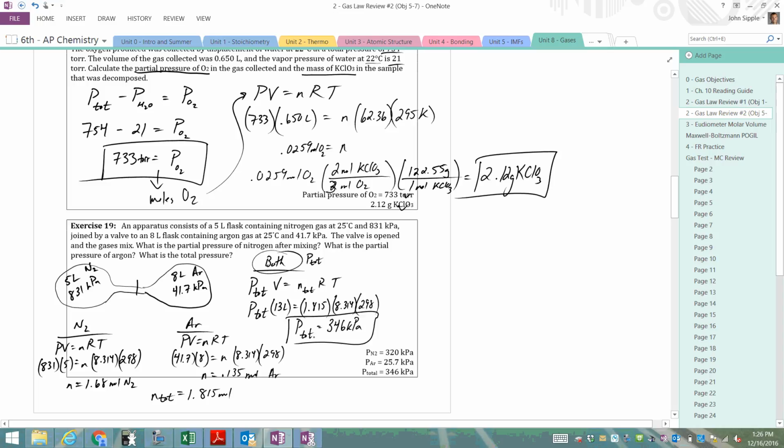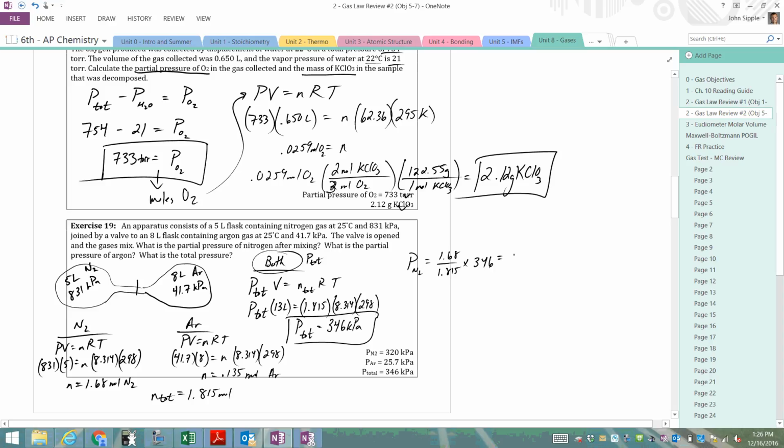So we got our total pressure, and once we know it, we can use the mole fraction to find the partial pressure of each individual gas. The pressure of N2 is equal to the mole fraction times the total pressure: 1.68 divided by 1.815 times 346.